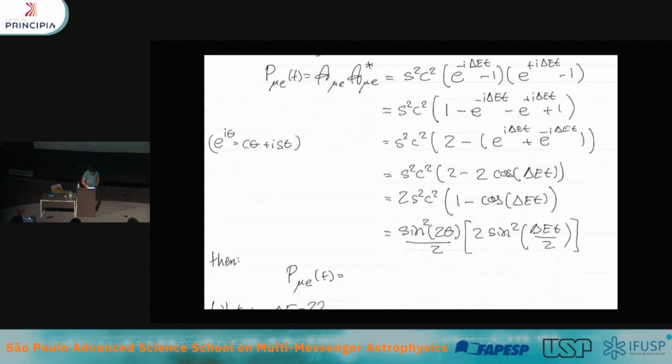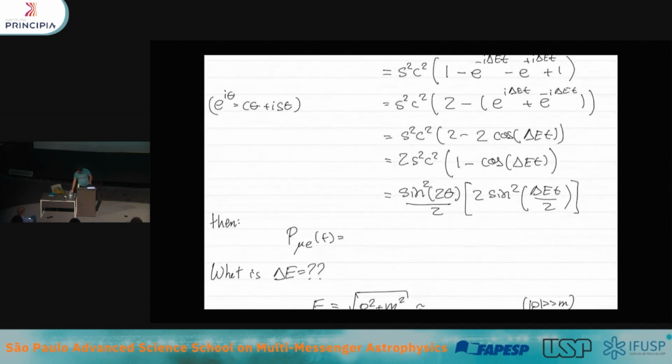And in the end, after you do all of these multiplications, you're going to end up at something that looks like sine square 2 theta sine square the energy difference t divided by 2. Okay? So this is just algebra. And so that is then the probability to change between muon to electron state after some time t.